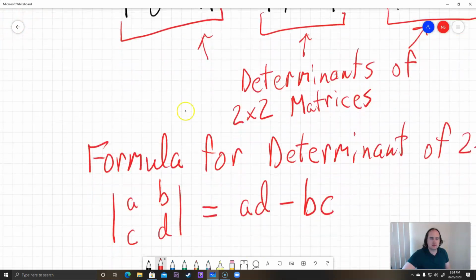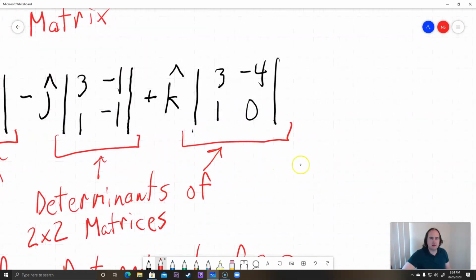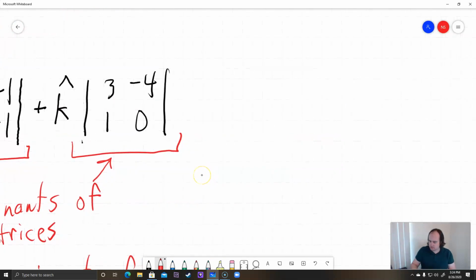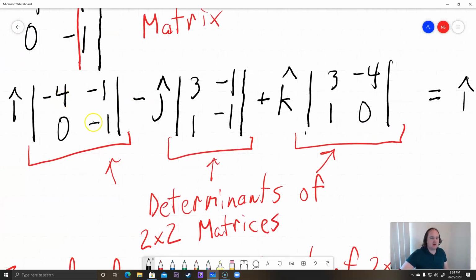Okay, so let's go ahead and go back up here and write all of this out. Okay, so what we have here is i times the determinant of negative 4, negative 1, that's our AD, minus 0 times negative 1, that's our BC. And if you want, I can even label it just for this one.